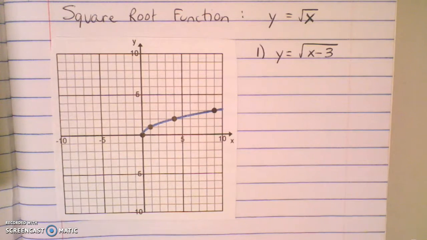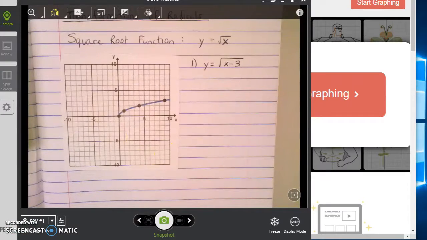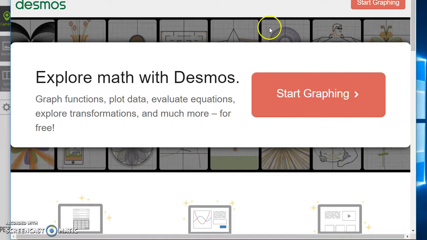For this, I'm going to pull up Desmos, and we're going to compare on the graph with Desmos. Remember, if you go to your web browser and go to desmos.com, you'll get this screen. You're just going to click on Start Graphing.